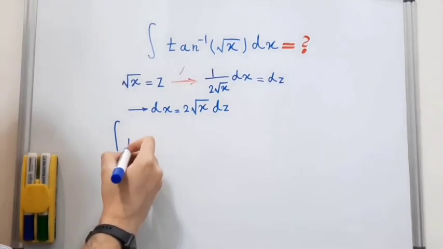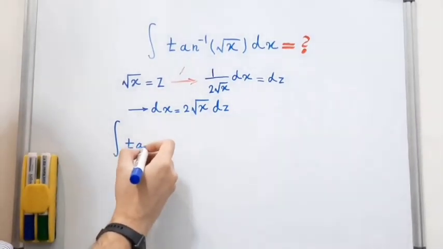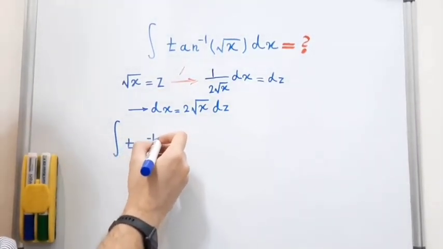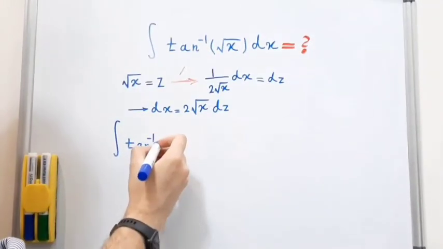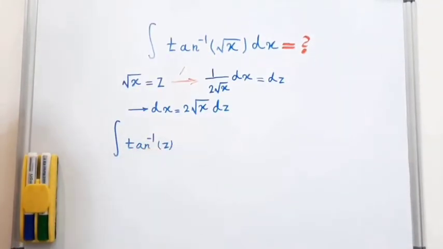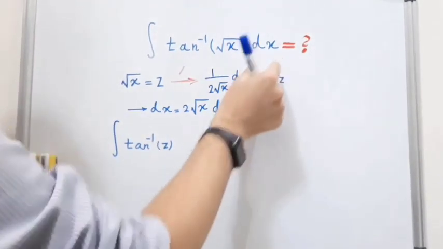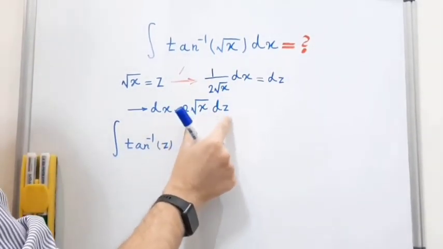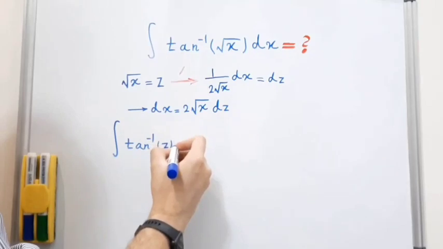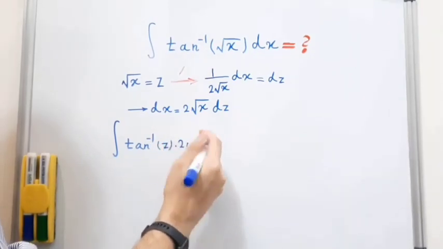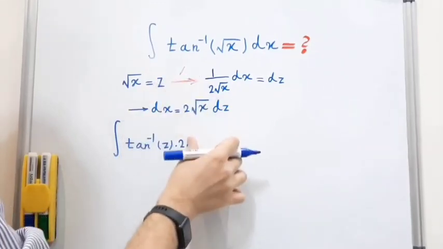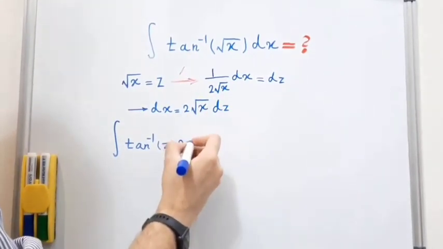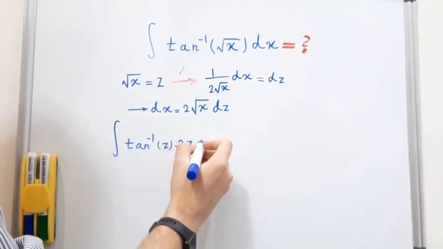The integral of tangent inverse, root 2x is z, and dx is this, multiplied by 2 root 2x, which is z again, so I just write z.